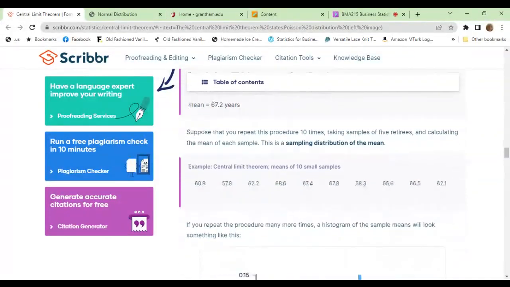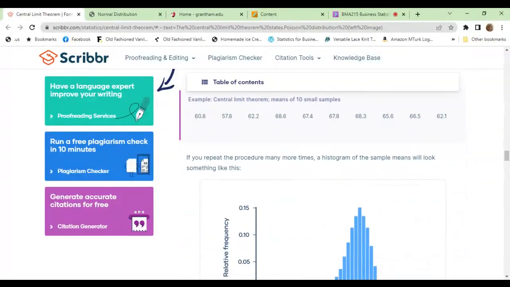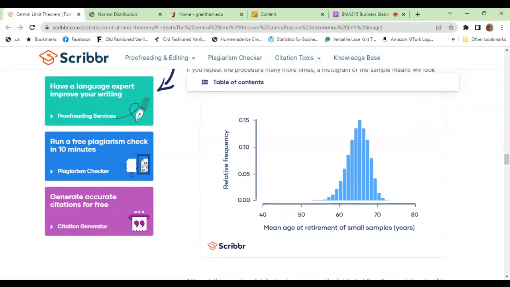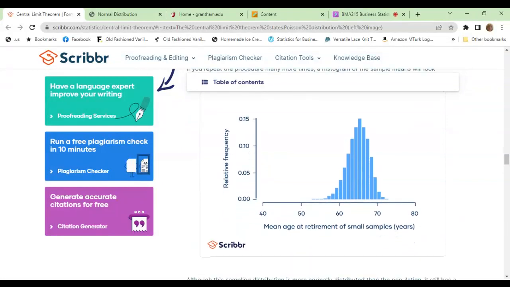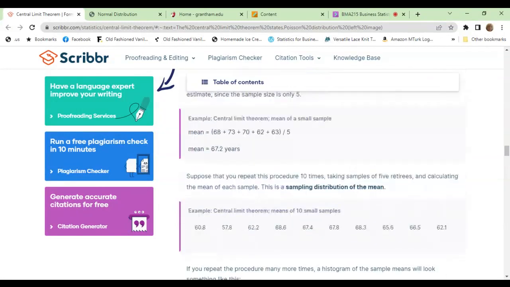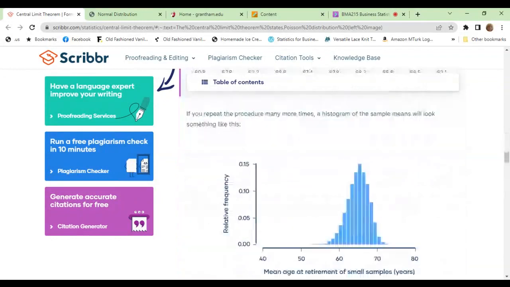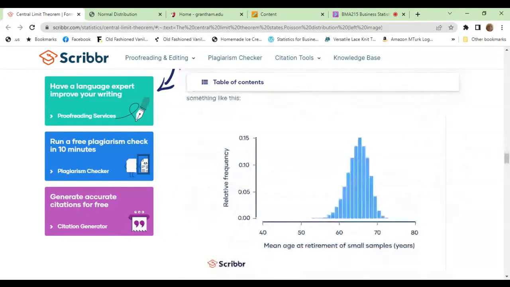And the mean was 67.2. But here's another picture. Suppose you do this many, many times. Okay, look at how the picture, these are the mean ages of retirement of a lot of samples. So what's happening between here where it's left skewed and here where it's becoming more normal is that they're taking more samples.